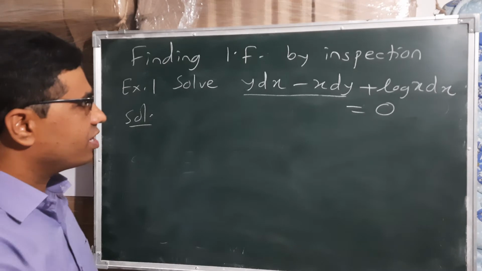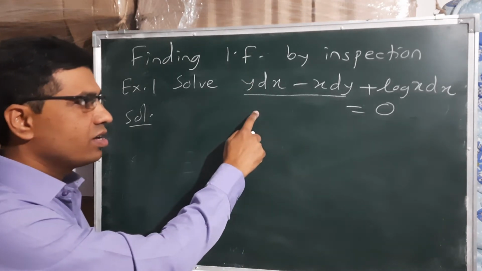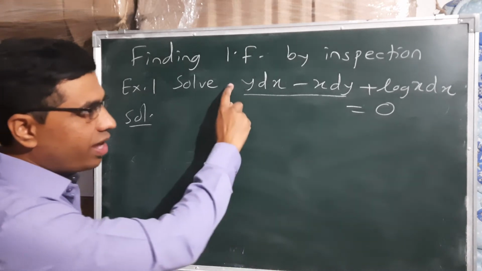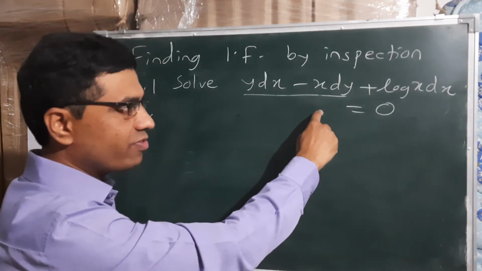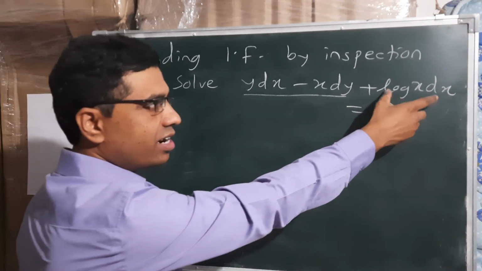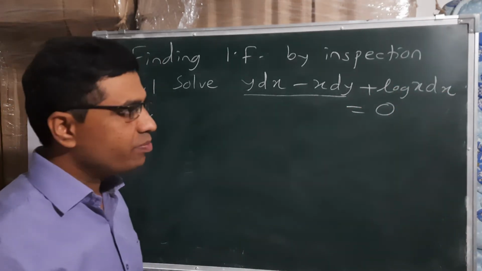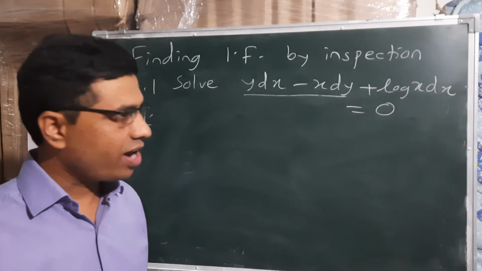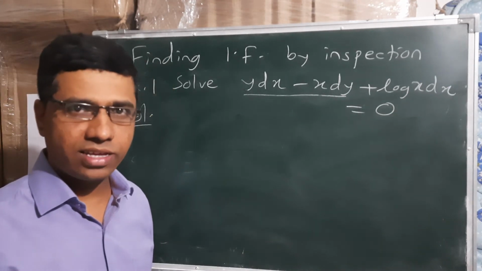But we have seen that if we multiply this by y square, then it becomes exact. If we multiply this equation throughout by y square, then this part will be exact, but it will affect the exactness of the second part, that is log of x dx. Log of x divided by y square dx will not be exact.